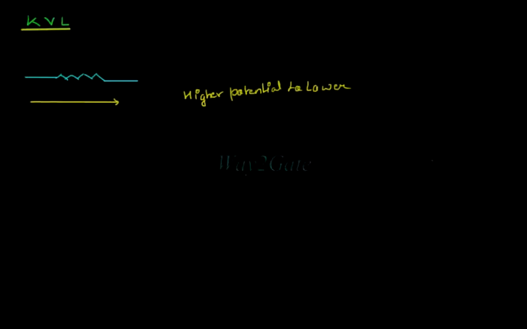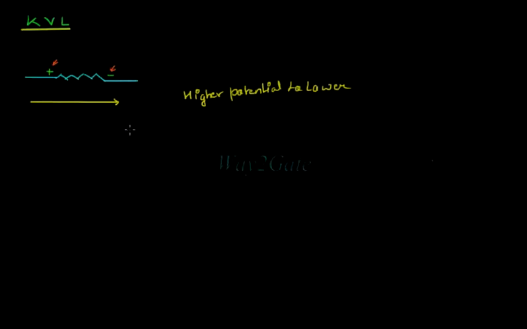Let's talk about KVL. Let's first look at the polarity of the voltage across the resistance. We know that current in the resistor flows from higher potential to lower. Therefore, considering the direction of current, the terminal where current enters the resistor is taken as positive and where it leaves is taken as negative.